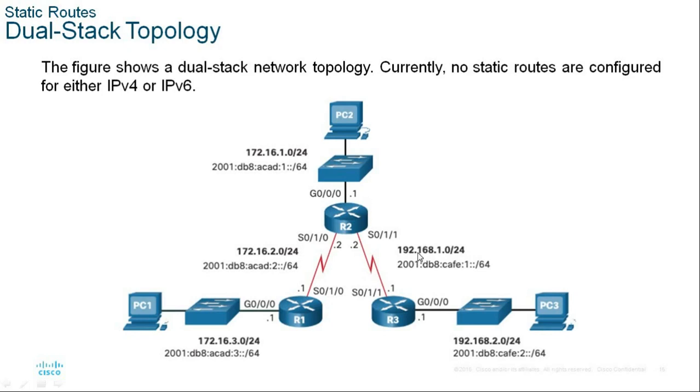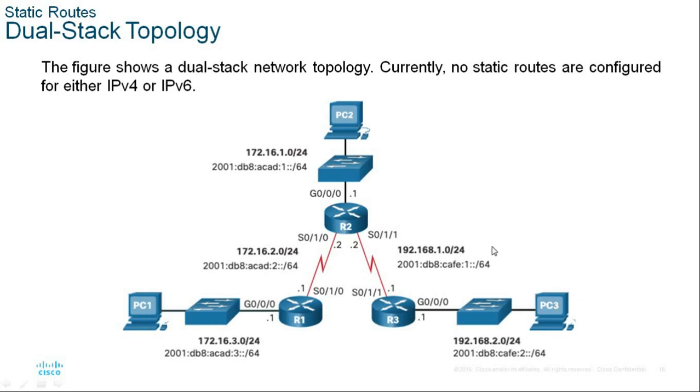Similarly, 192.168.1.1 and 192.168.1.2. Even for IPv6, for example, 2:1 and 2:2, similarly 2001:DB8:CAFE:1::2 and 1::1. Here also 3:1, here also 1:1. Like that, I designed the topology.